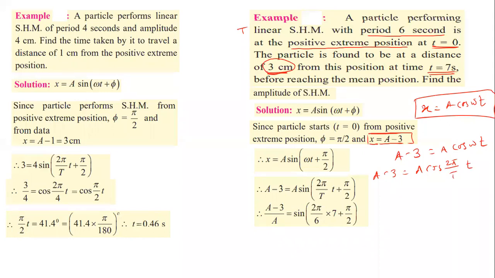Now after substitution we can write a minus 3 by a is equal to cos of 2 pi by capital T, which is given as 6 seconds, into this small t, 7 seconds. After simplification of this you can find out the amplitude of SHM.